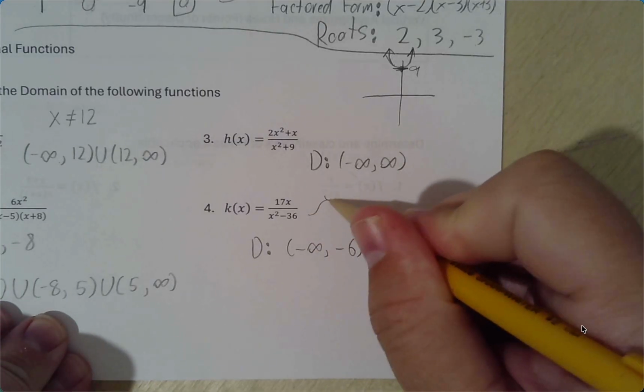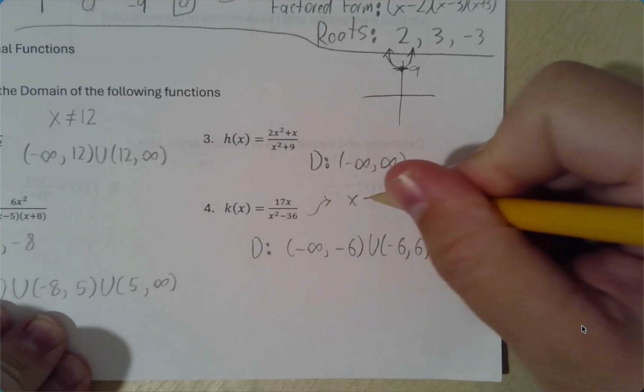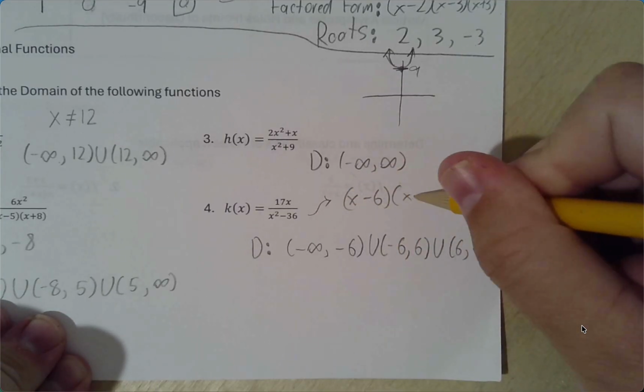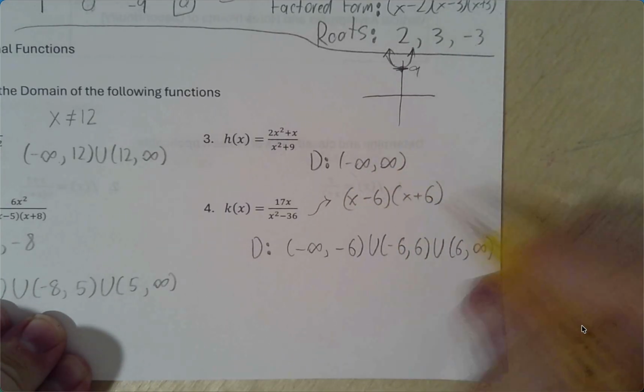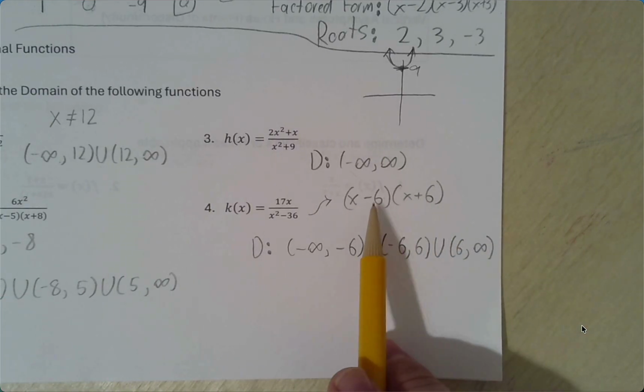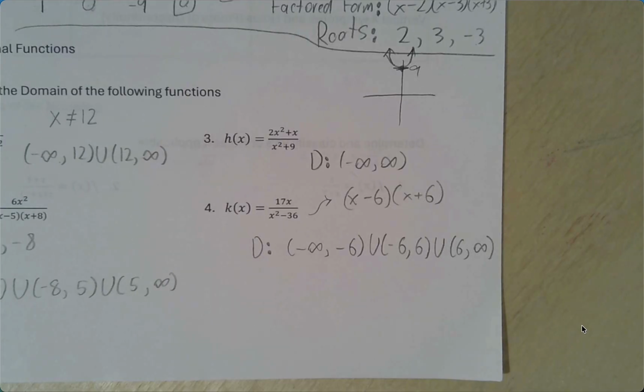Then I need you to remember and memorize that that was a difference of squares, and so that's what it factored down to. And you can see that negative 6 and 6, as you would plug them in this order, are the things that must be excluded, because that's what this breaks down to.